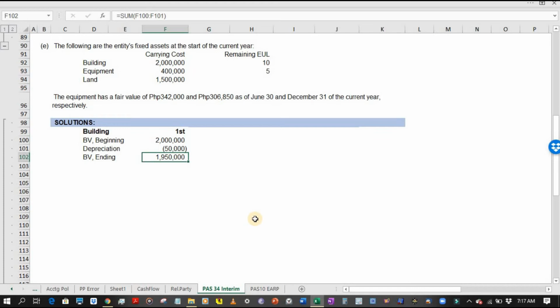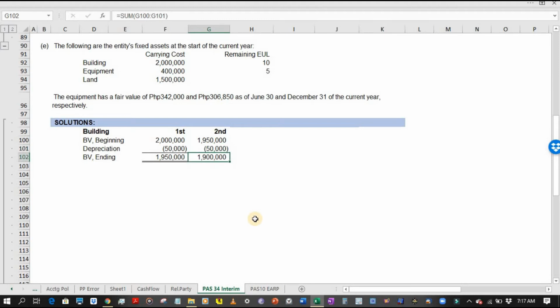Then for the second quarter, we will start with a book value of 1,950,000 pesos. To compute the depreciation expense, that will also be 50,000 pesos, and the ending book value will be 1,900,000 pesos.